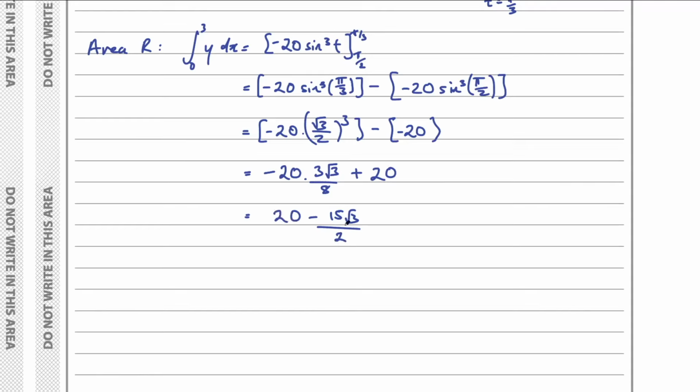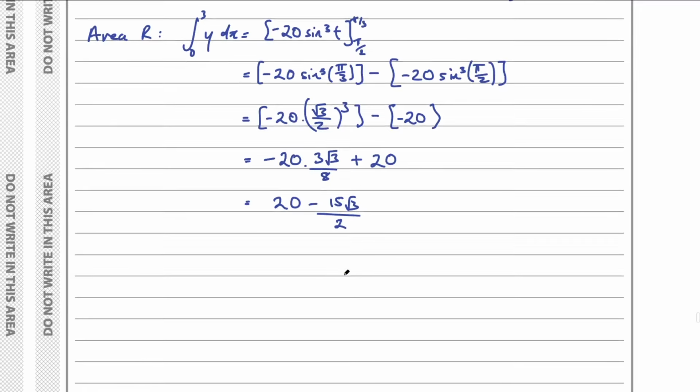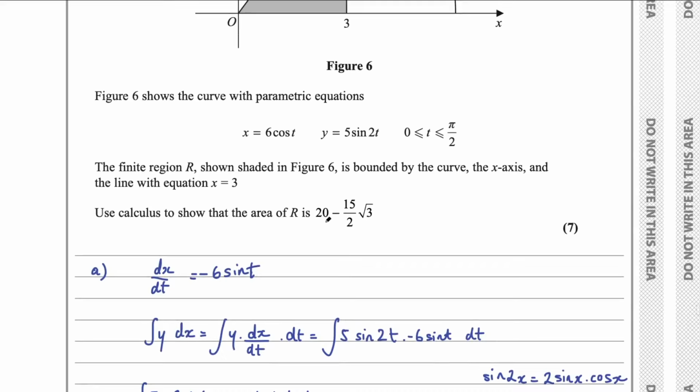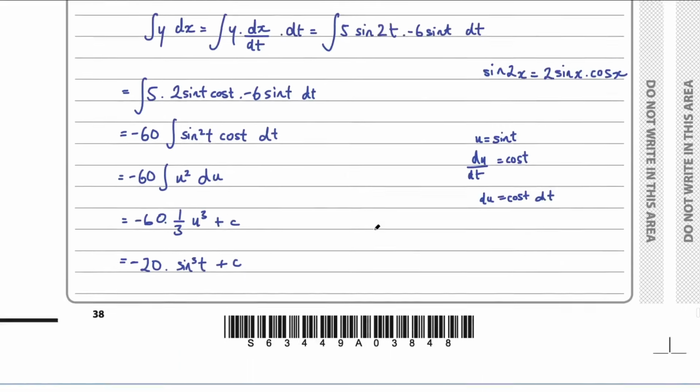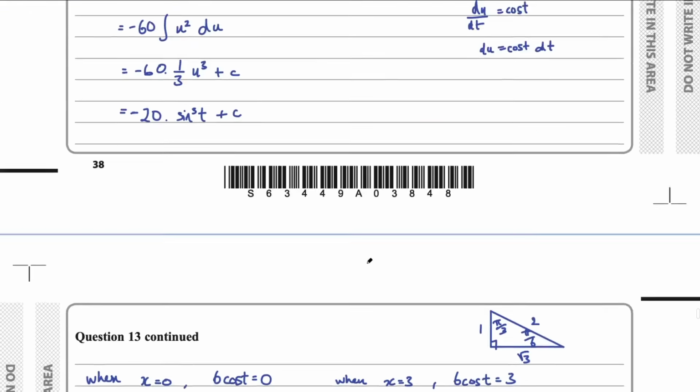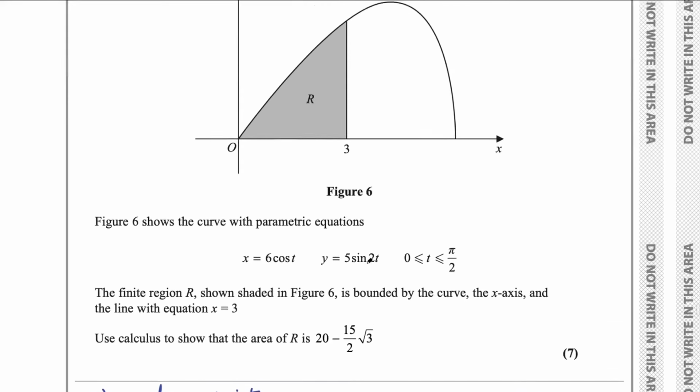It usually looks neater if you put the negative in the middle and the positive terms out the front. And then, well, we could combine those two numbers, but let's go back to the question and check. So we wanted to show it was 20 take 15 on 2 root 3, and that is what we've got. So 20 take 15 on 2 root 3. Okay, so that was question 13 for 7 marks.